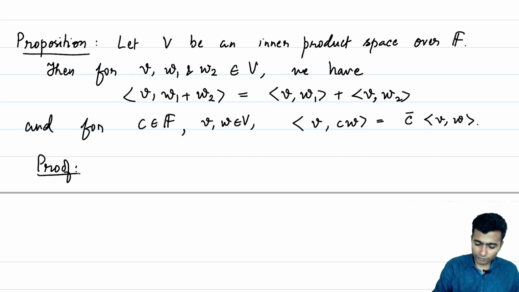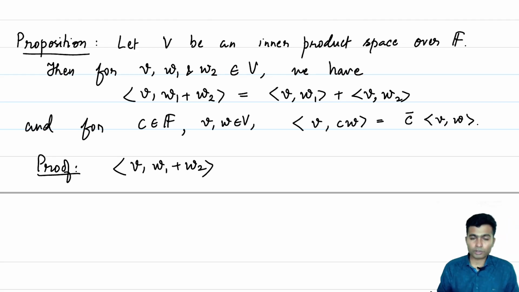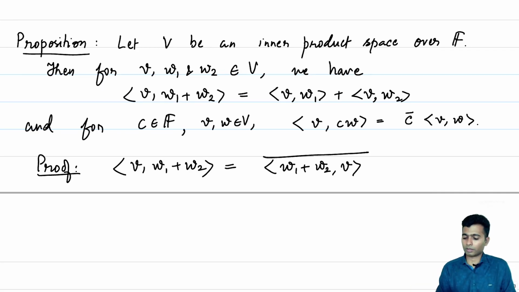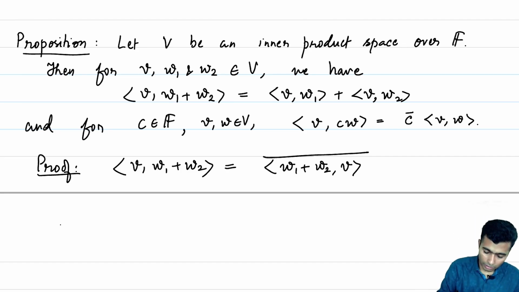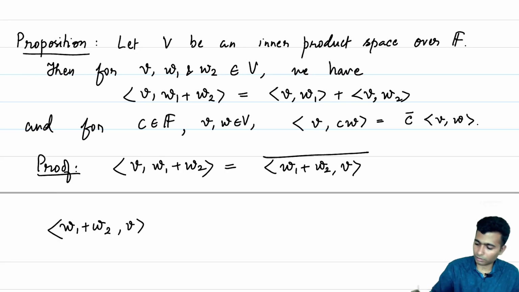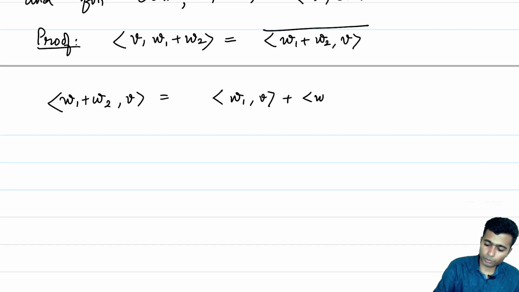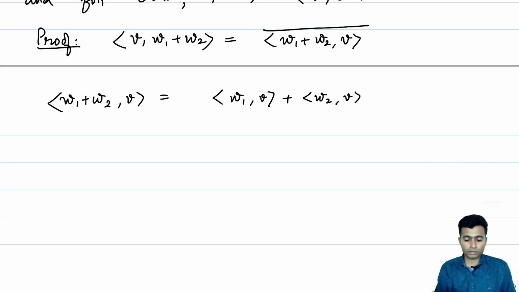So let's first check the first identity. This is nothing but, by the conjugate linearity of our inner product, the conjugate of ⟨w1 + w2, v⟩. Now let's analyze what ⟨w1 + w2, v⟩ is. This is nothing but ⟨w1, v⟩ + ⟨w2, v⟩. So what is the conjugate?